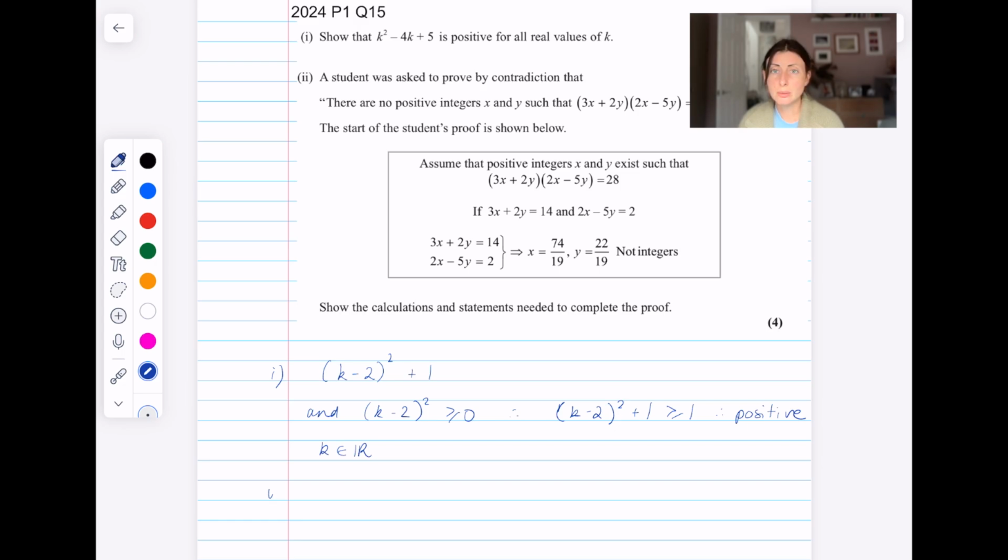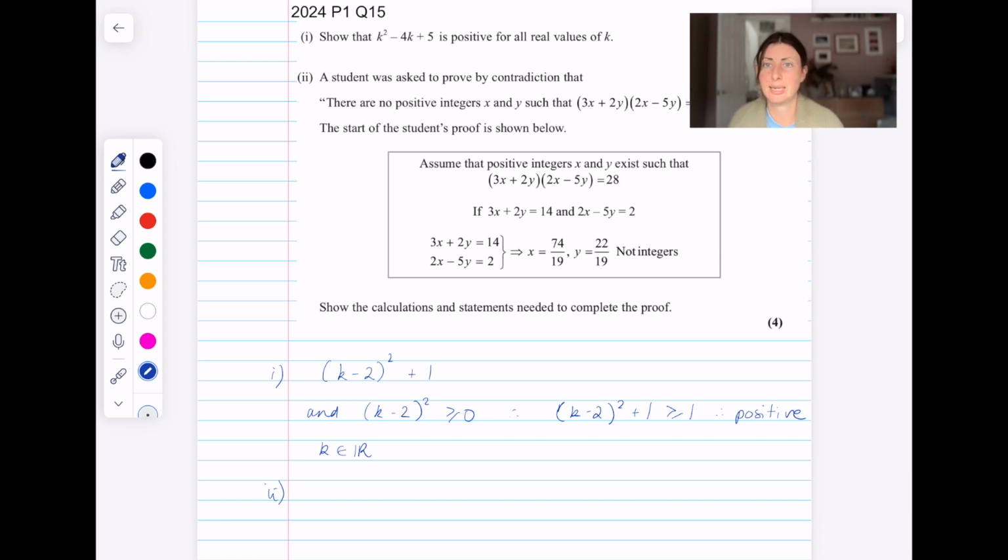Part 2, now we are doing the proof by contradiction. This one is a little bit long. It's 4 marks, which as a whole, we've got 6 marks here, which is quite a lot. And we're looking at 2 brackets multiplied to give 28, and they've already solved one pair of simultaneous equations for us.